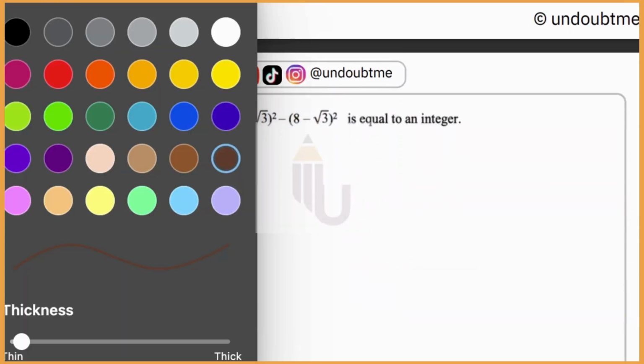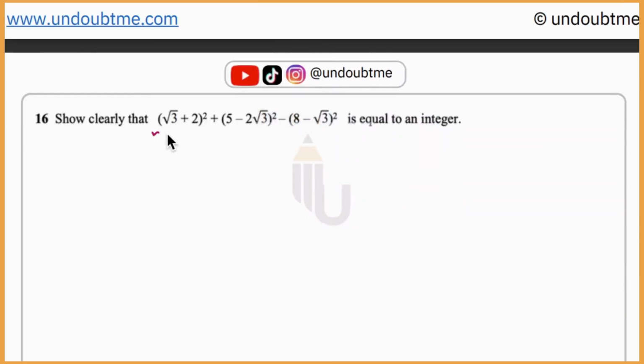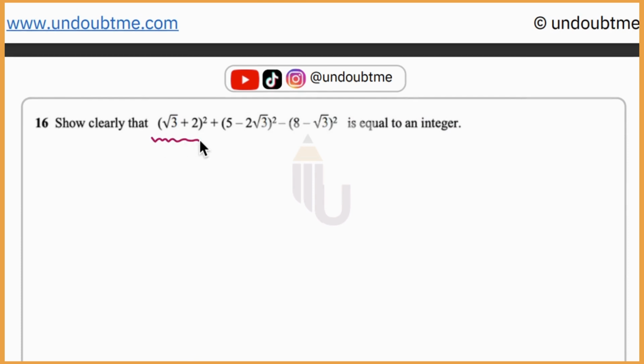Next question. Now in the next question we can actually use identities, a plus b whole square, a minus b whole square, and then simplify. So a plus b whole square will be a square plus 2ab plus b square.